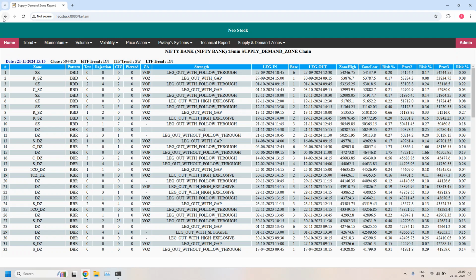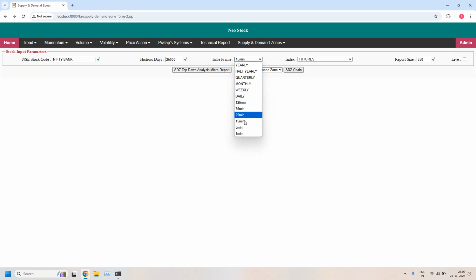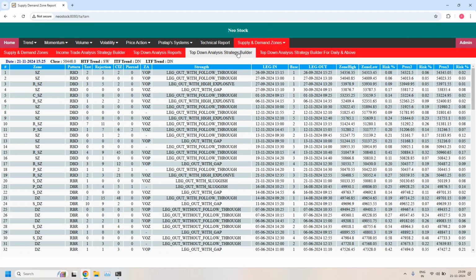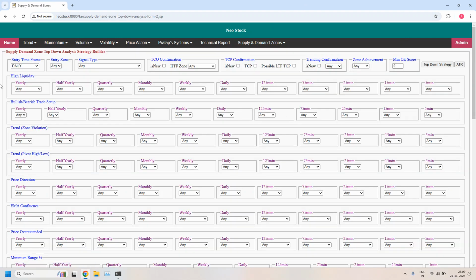And the last time frame is 5 minutes, generating 5 minute supply demand zone chain for bank Nifty. So this is about bank Nifty supply demand zone chain. And the next set of reports are about bullish and bearish trade setups. So let's start with monthly bullish trade setup.